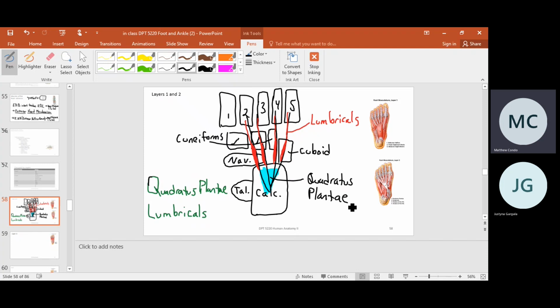Because let's think about this, and this will be the last point we make for the day. On the plantar surface of my foot, all I see from flexor digitorum longus is tendon, right? Where's the muscle belly of flexor digitorum longus?